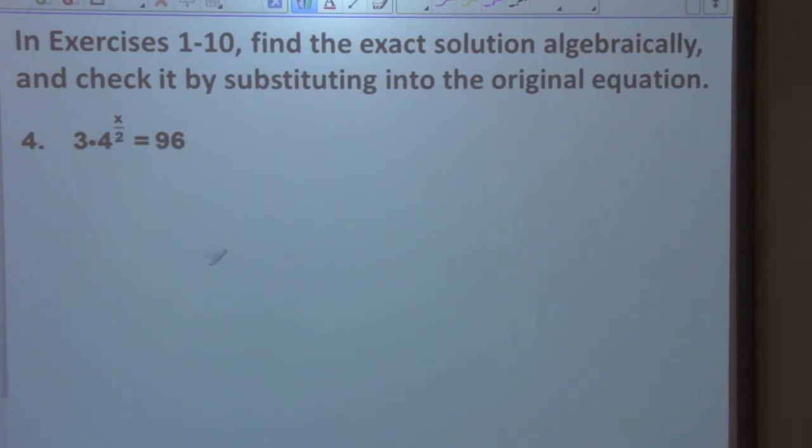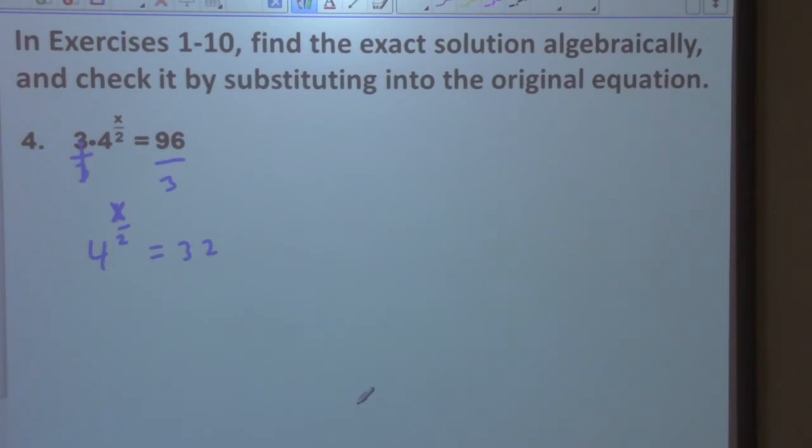So divide both sides by 3. And got 4 to the power of x over 2 equals 32. Okay. And then, which step comes up next? You look for a common base between them. Now, this isn't going to be as easy as the first three, obviously, because you can't rewrite this as a base of 4, right? But what can you do? Is there a common base to both of those numbers, 4 and 32?